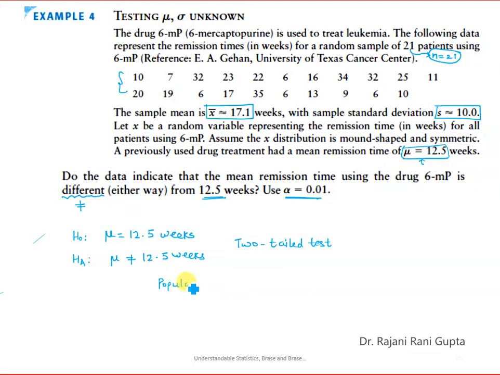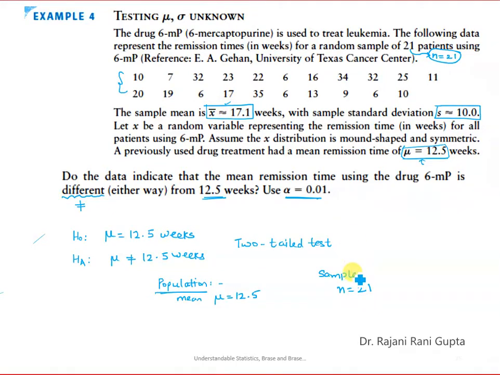Now what other information do we have here? We have information from the population: the population mean, which is 12.5. And from the sample, we have the sample size n, which is 21.